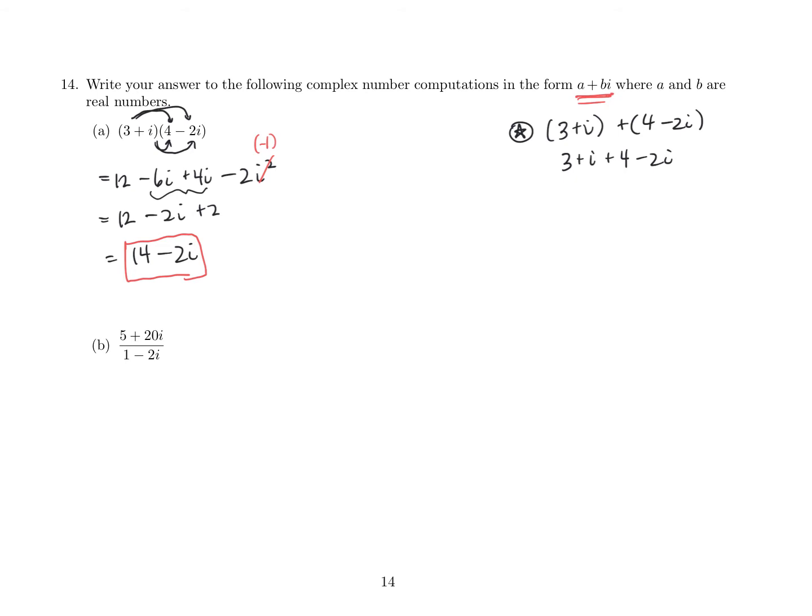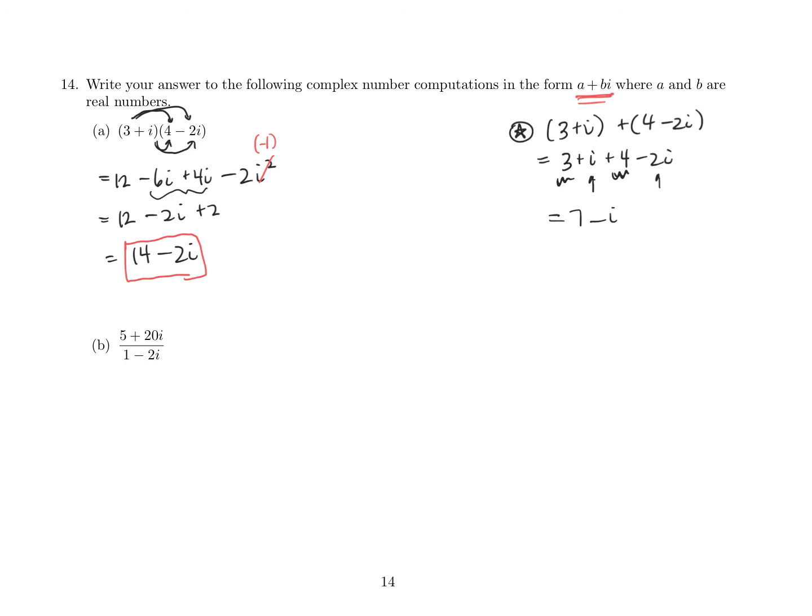You just write it without parentheses, and then just combine like terms. So you can combine your two real parts. 3 plus 4 is 7. And then you combine your imaginary parts, and you would get negative I. So make sure you remember that there's not just multiplying and dividing with I. You have to remember how to add and subtract as well.